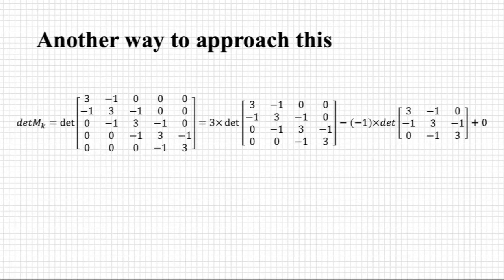Do you still remember how we compute the determinant of a 3 by 3 matrix? We start from the first row, we take out the first element in the first row, and then we use that to multiply the rest of the matrix that is not affiliated with this number. This number is affiliated only with the first row and first column, right?